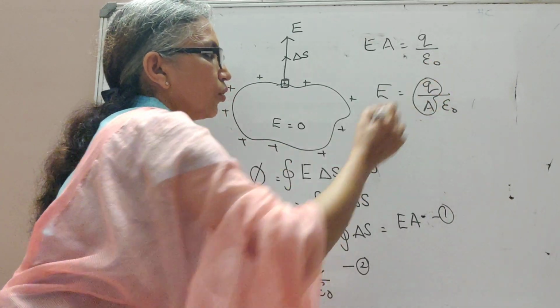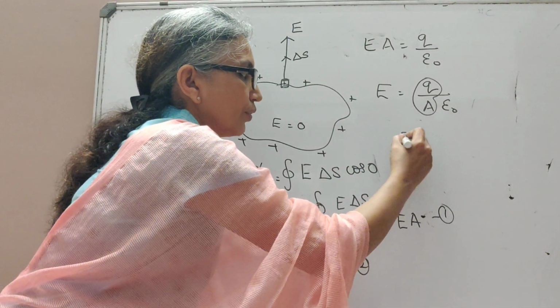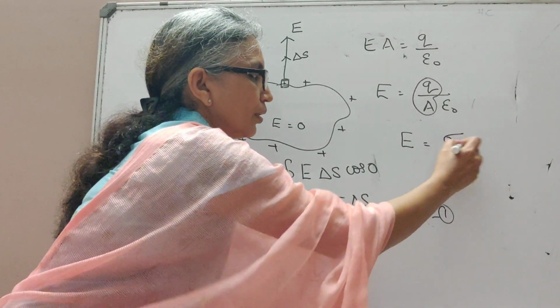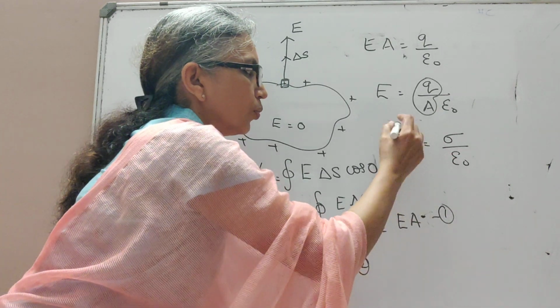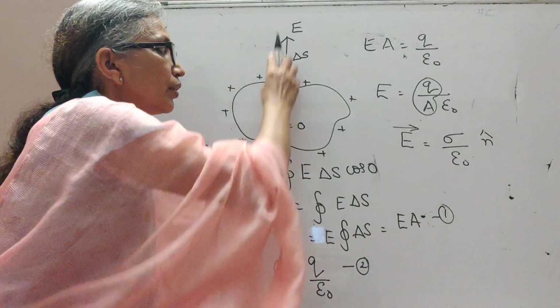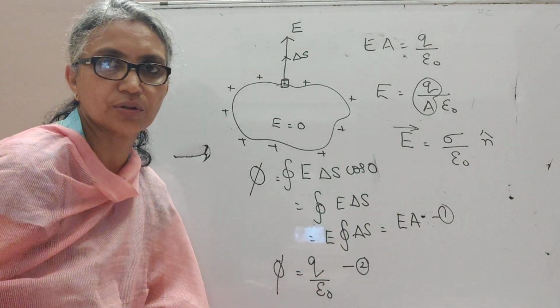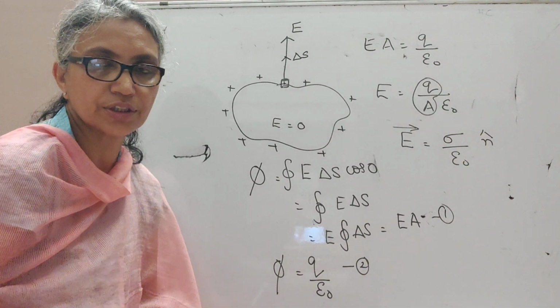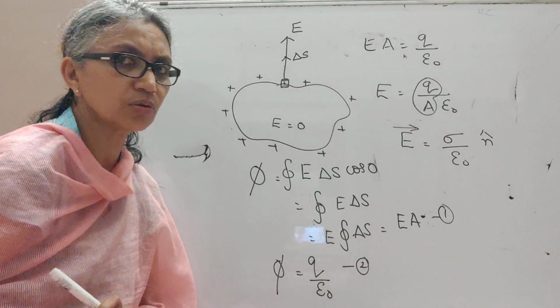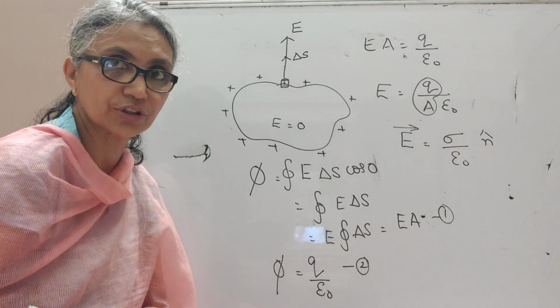This Q by A we already know is sigma, surface charge density. So we have E equal to sigma by epsilon 0, where both of them are vectors. I put an n cap to show you that the electric field is always normal to the surface. So this is sigma by epsilon 0, sigma being the surface charge density. This is nothing new to you. You have done this as special case under Gauss's law third application.